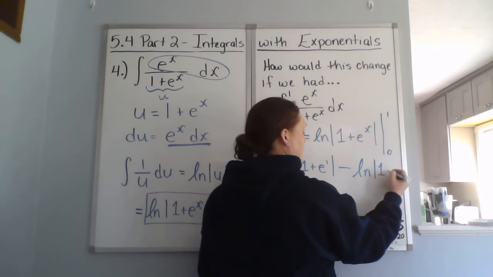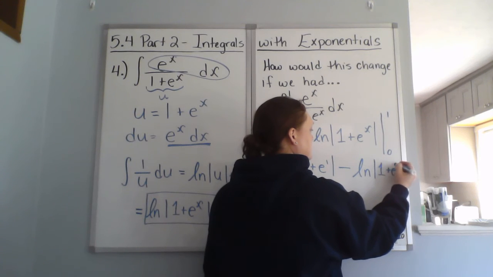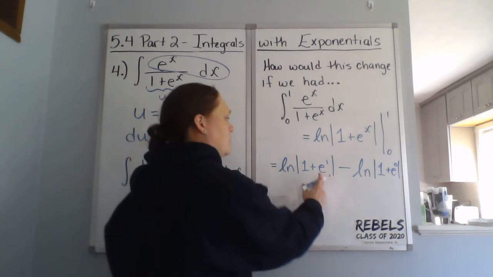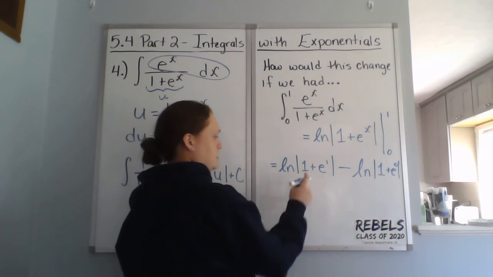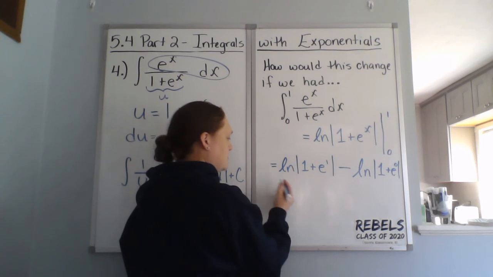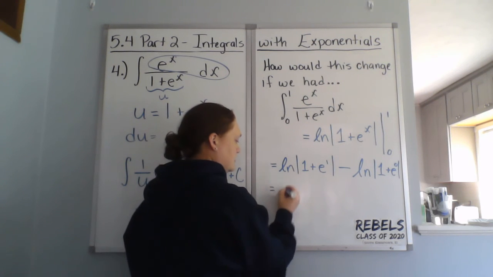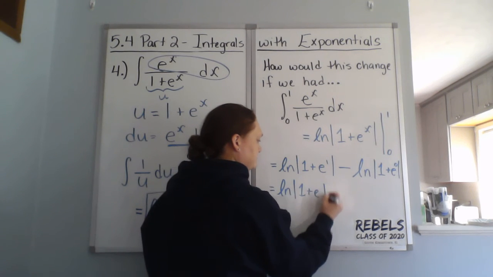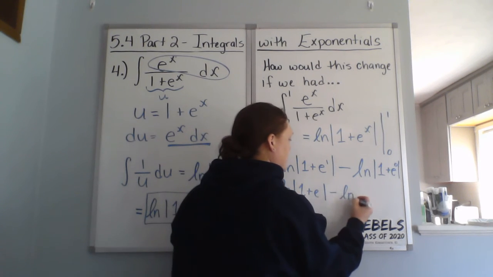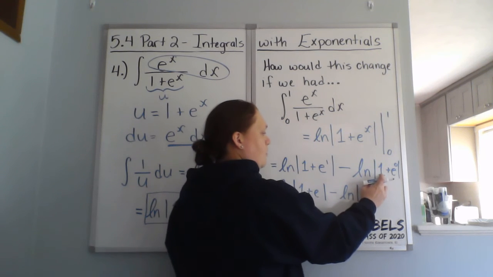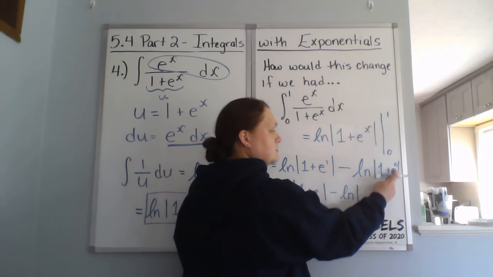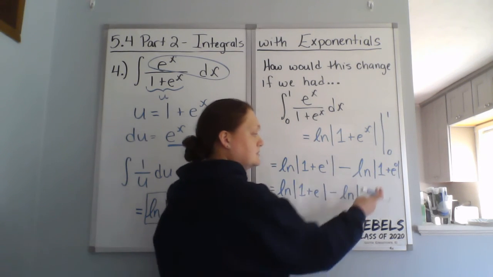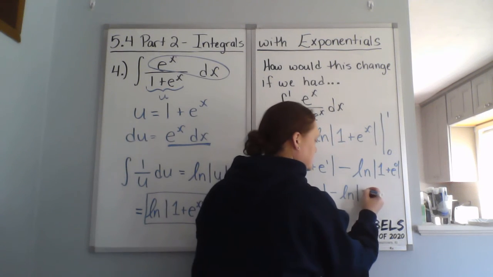Natural log absolute value of 1 plus e to the 0, okay? Now, e is a special number, it's on your calculator, so e to the first power, we can find that on a calculator. We've got the natural log of the absolute value of 1 plus e minus the natural log absolute value of 1 plus e to the 0. Any number to the 0 power is 1, so this is really 1 plus 1, this is 2.